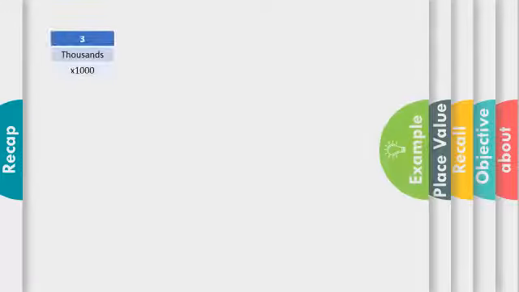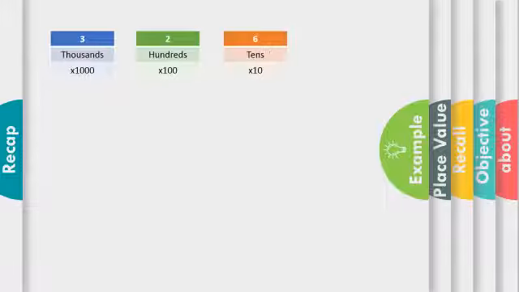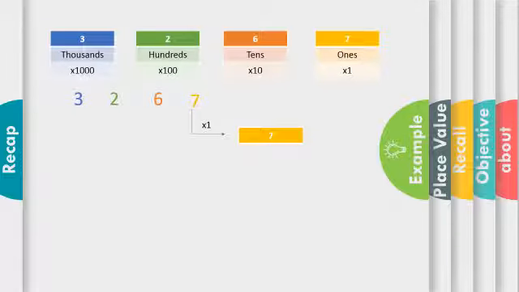Now I have an example for you. The number is 3267. As you see, 3 is at thousands place, 2 is at hundreds place, 6 is on tens place and 7 is on ones place.